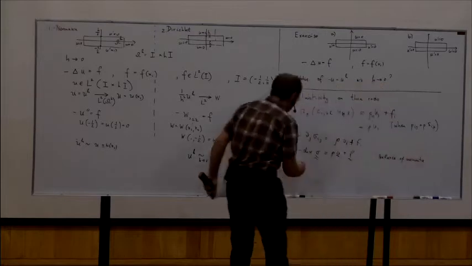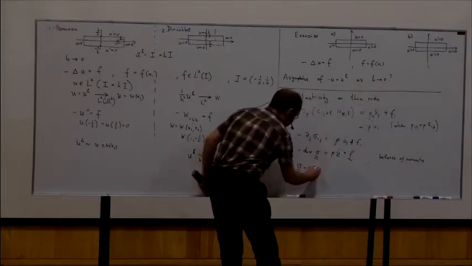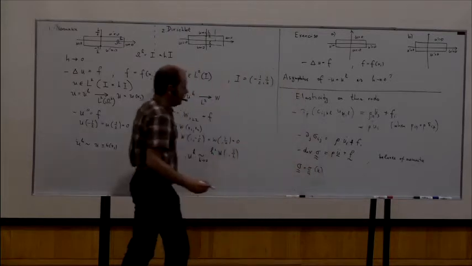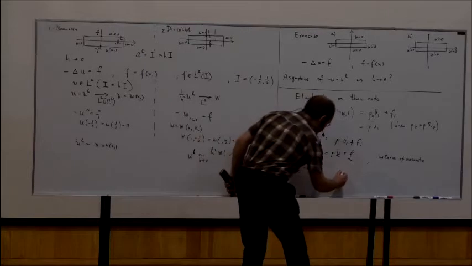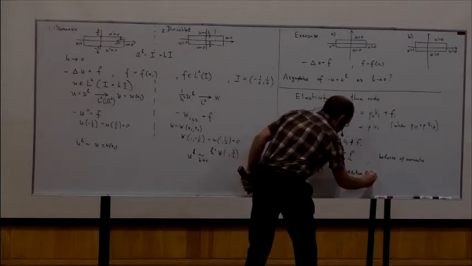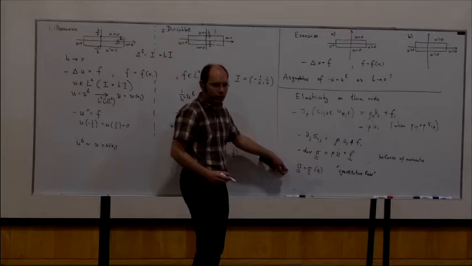And then when you write what sigma is as a function of U, this is referred to as the constitutive law. Then you combine the two and you get an equation on U.